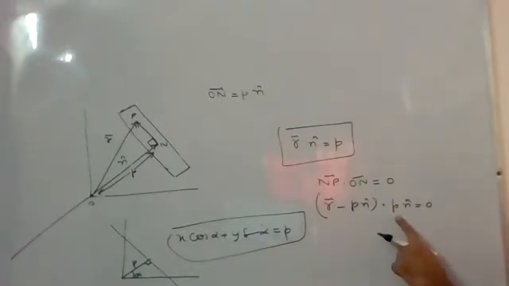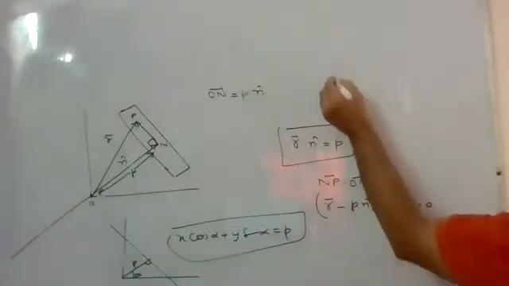p is a number here. So when you solve it, what will it come to?